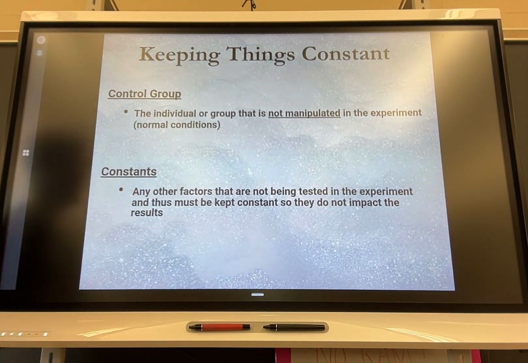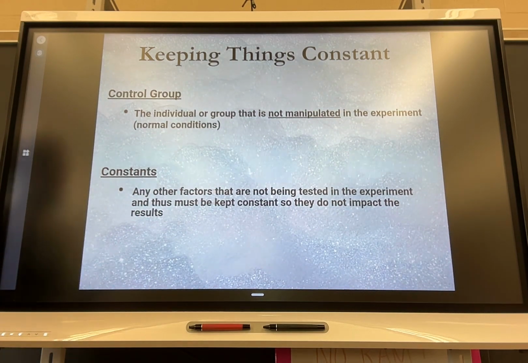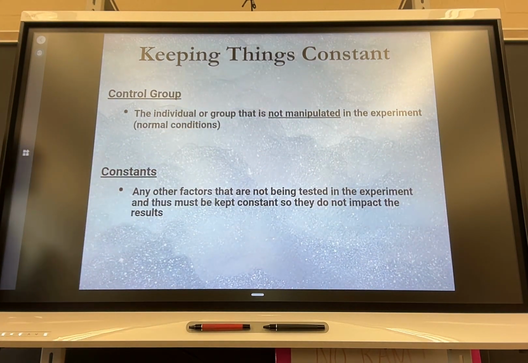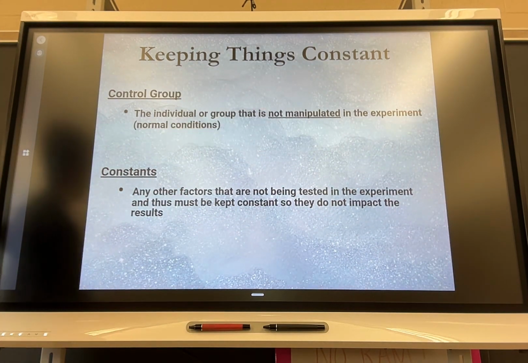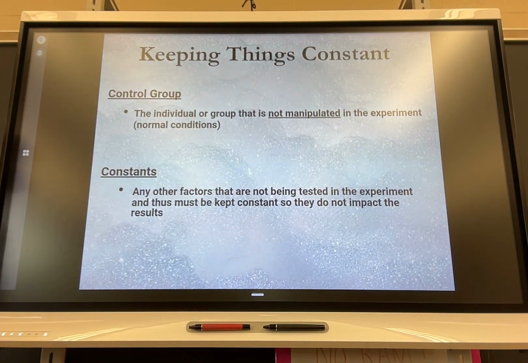So constants are any other factors, any other variables that are not being tested in the experiment, so they have to be kept stable. So if we were to do an experiment outside where we were measuring plant growth, we would have to make sure that a lot of things were kept the same.